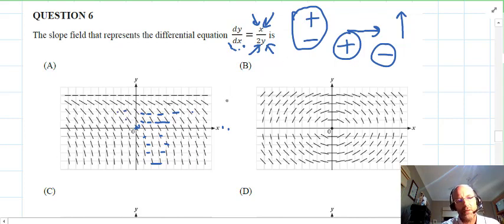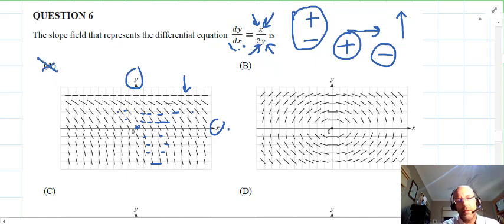So x is not affecting it. We're not getting the pattern either of when the signs of x and y are the same. We're not getting the positive gradient there. Like for example, in quadrant 1, x and y are both positive, yet we've got negative gradients. There's probably other reasons why that one is unsuitable.